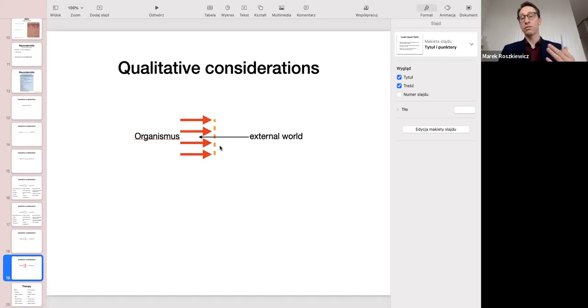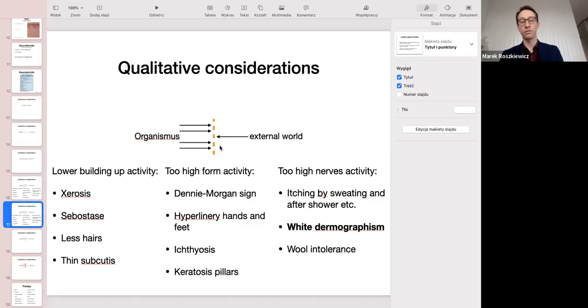So I would say, to understand atopic dermatitis first, we have to think that there's some bit of a problem on the border where they meet together. And we can see that we have a few different aspects of this border not being created completely well.